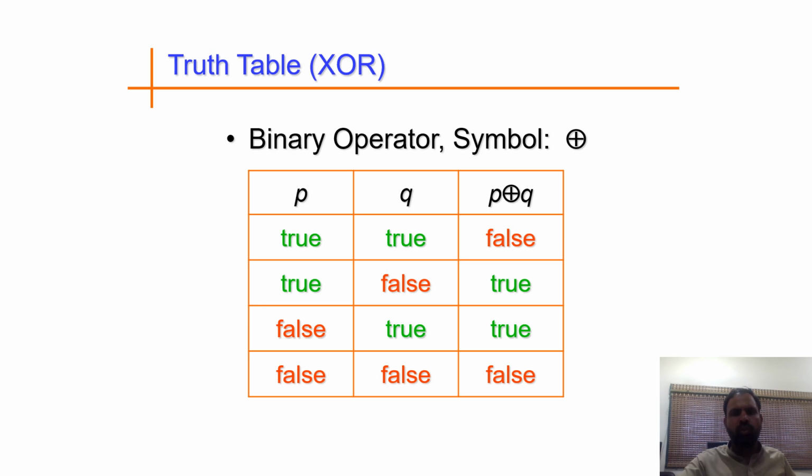If one is true and the other is false, then it is true. If one is false and the second is true, then it's true. If both are false, then it's also false. So the necessary condition for true is exactly one true value.